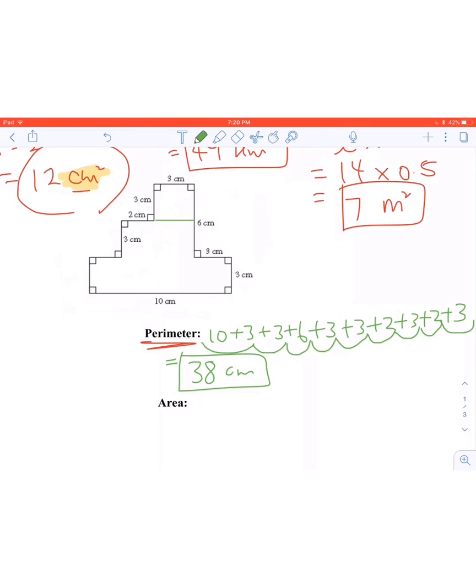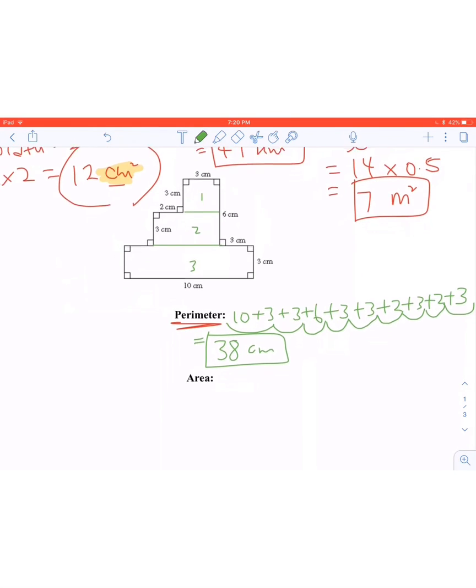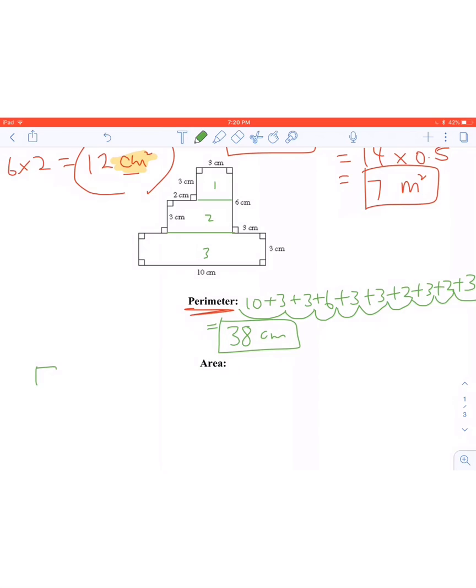So here's one, here's another one. Here we have 1, 2, 3 rectangles. The first rectangle, the top one, is 3 by 3. The area is length times width, so it'll be 3 times 3, which is 9.